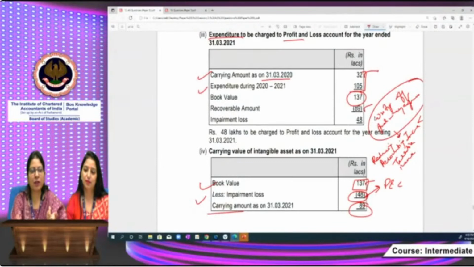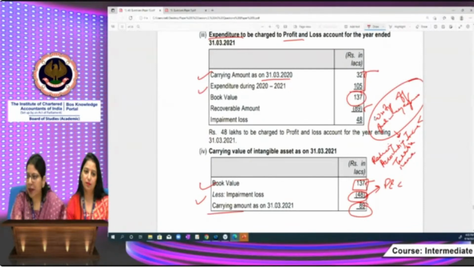So no deferred tax concept comes into the picture for this item, because only for timing differences, where I know that in future there is a certainty that there will be a possibility of reversal of these differences, only in those cases will we create a deferred tax asset or deferred tax liability, otherwise not.